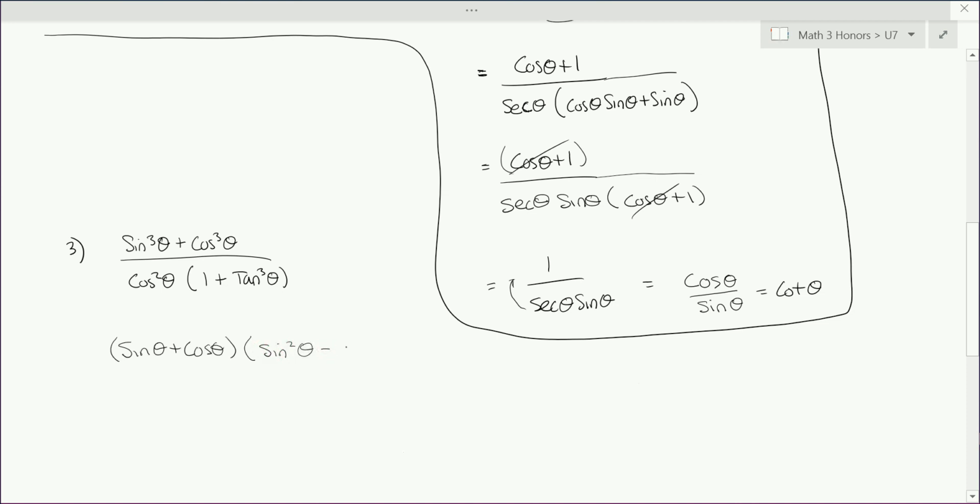Sine squared theta minus, so we square this, sine squared, and then we multiply these two together, sine cosine, plus the cosine squared theta. We have a cosine squared theta here. And then factor the 1 plus tangent.